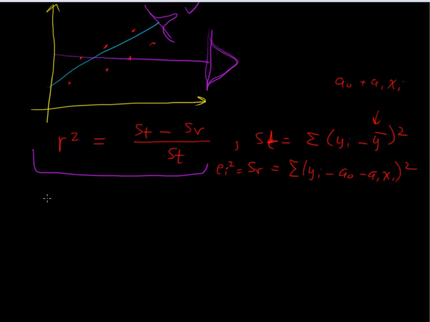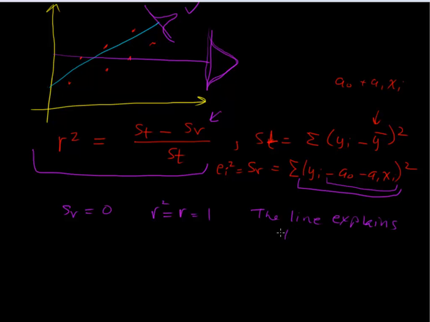As you can see, if SR is equal to 0, then R squared is equal to 1. That basically says the line perfectly fits the data, because yi minus our model of the data is 0. And so you'd say the line explains the data.